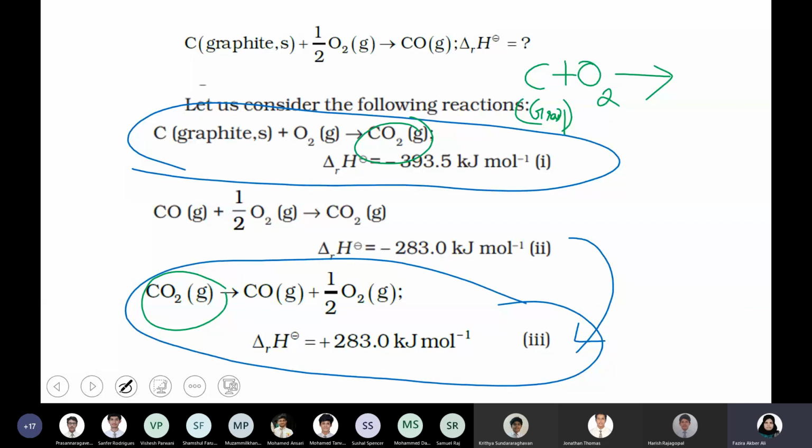You know that in the mathematical rule, if the same number appears before and after the arrow, it will be cancelled, right? So this CO2 and this CO2 will be cancelled when you are adding them. So what will be the final equation?